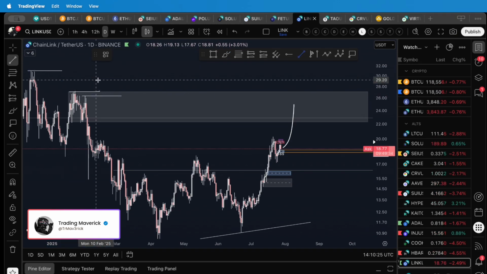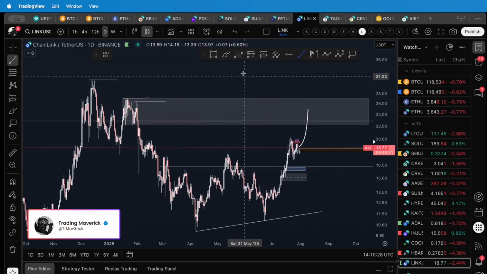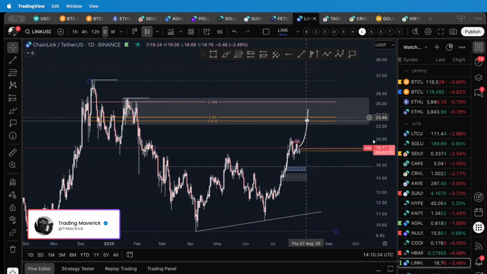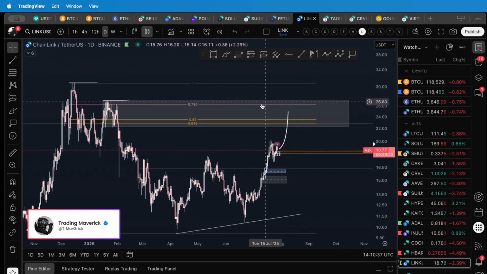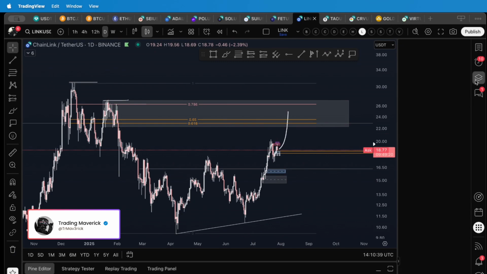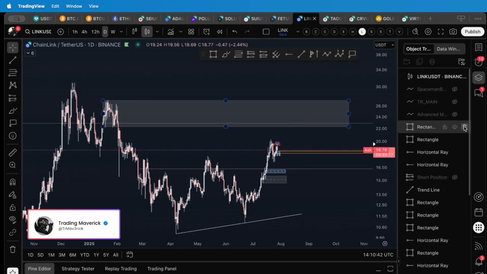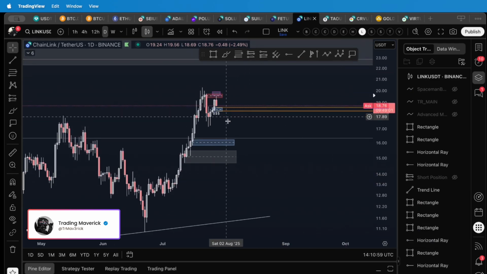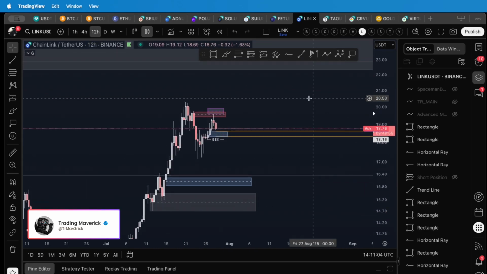Or you can just pull Fibonacci like this. So pretty much this is your TP and this is your TP, and then you leave something for higher. But you should probably already be out with some profits. And I will also look at some longs tomorrow on Link. Chart looks pretty good.